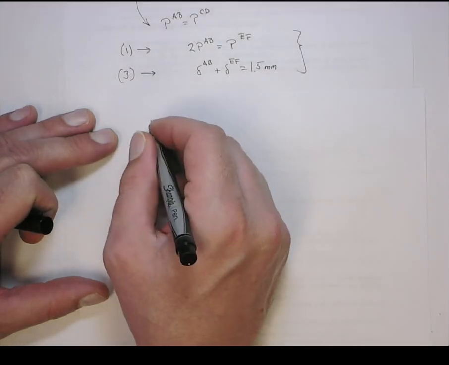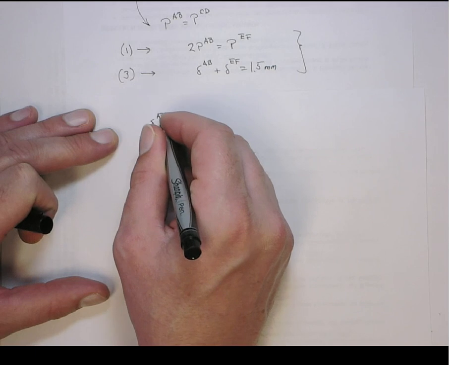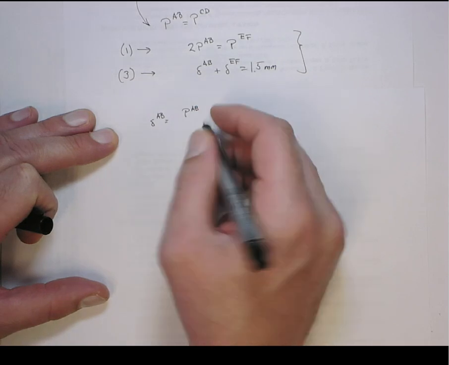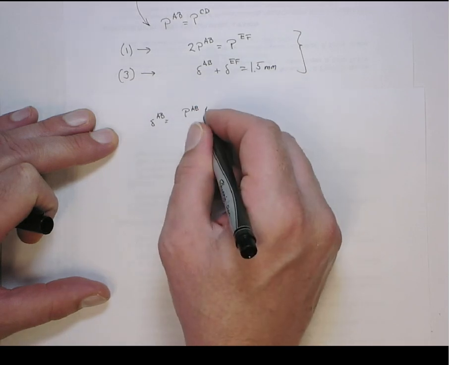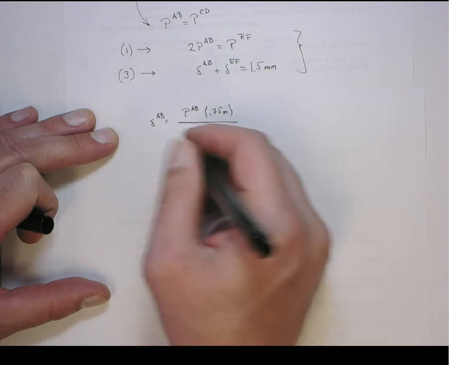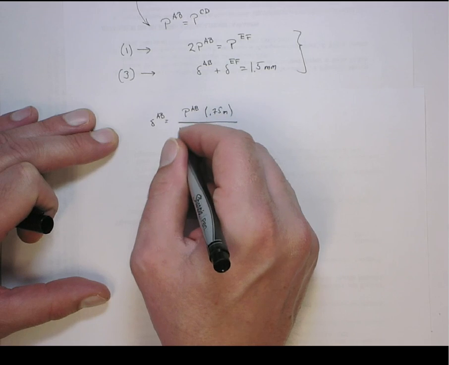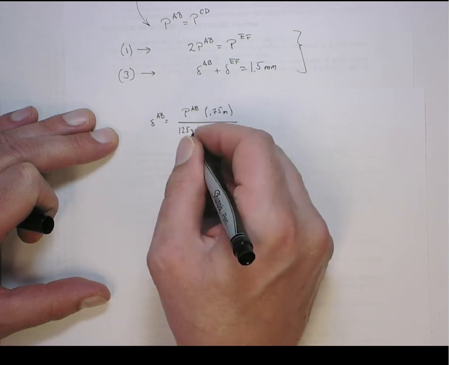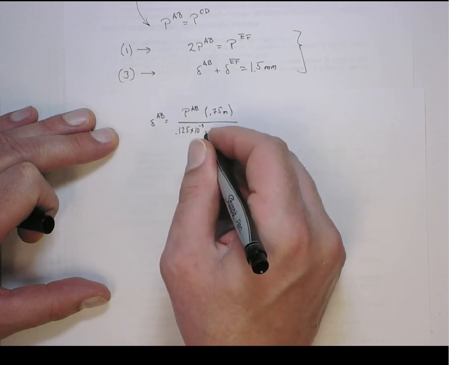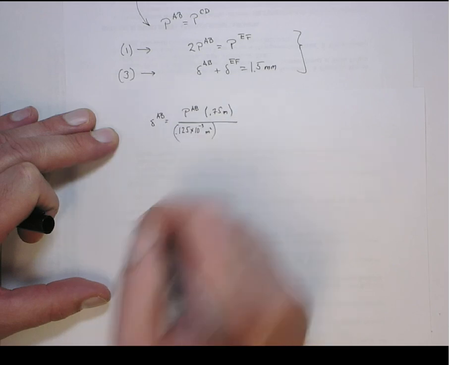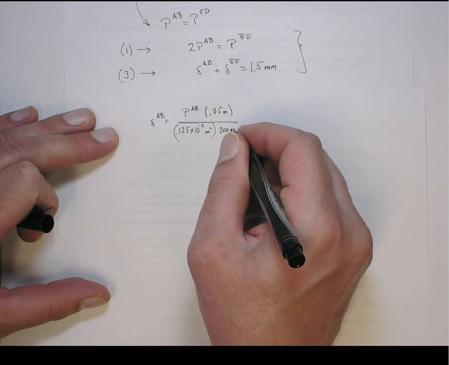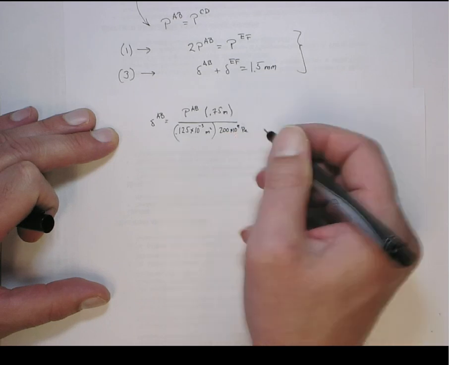Delta AB is the force in AB times its length, which is 0.75 meters, over its cross-sectional area, which is 0.125 times 10 to the minus third meters squared, times E, which is 200 times 10 to the ninth pascals.